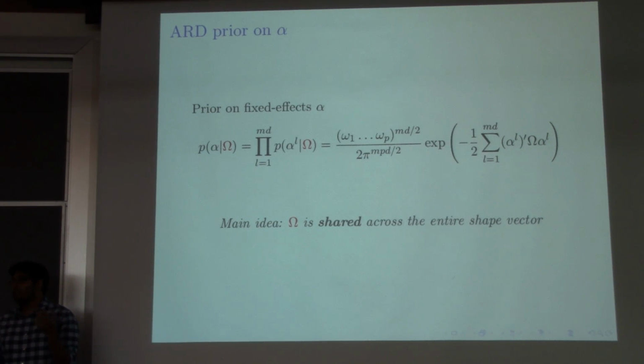So if I have 100 particles at 3 XYZ locations, I have 300 things to take care of. So I could put a prior on each of those individual things, a sparsity prior on each of those things. The main difference here is that I put the same prior on each of them.